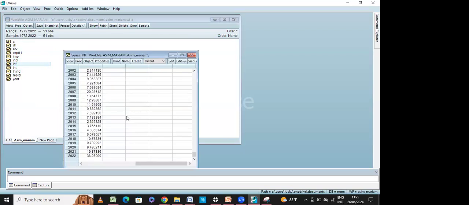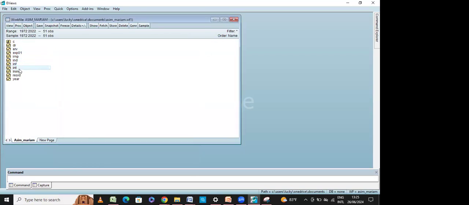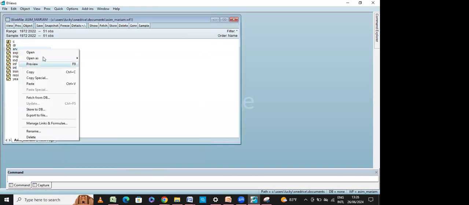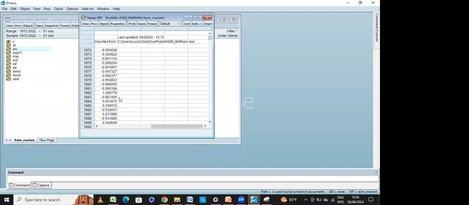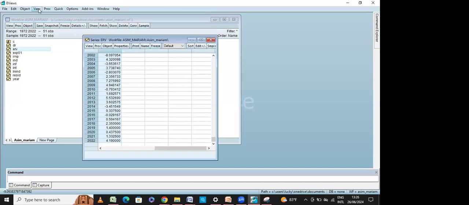I can even show you in a while. So you see, I have ERV values which are in negative form. Can I convert them into log form? Yes, I can easily convert.